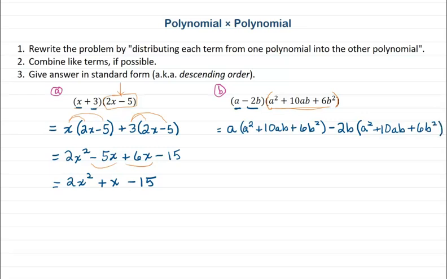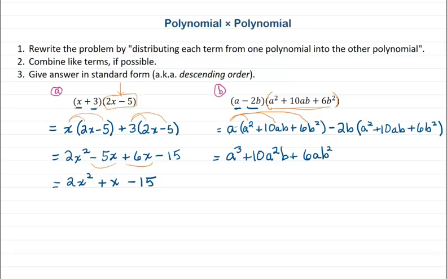So now we're going to carefully distribute each of those terms into that trinomial. So for this first one, we'll have 3 things in my result. I'll have a times a squared, that's a cubed, right? And then a times 10ab is 10 a squared, 2 a's, and then don't forget your b. And then finally we'll have 6, single a, and then b squared.